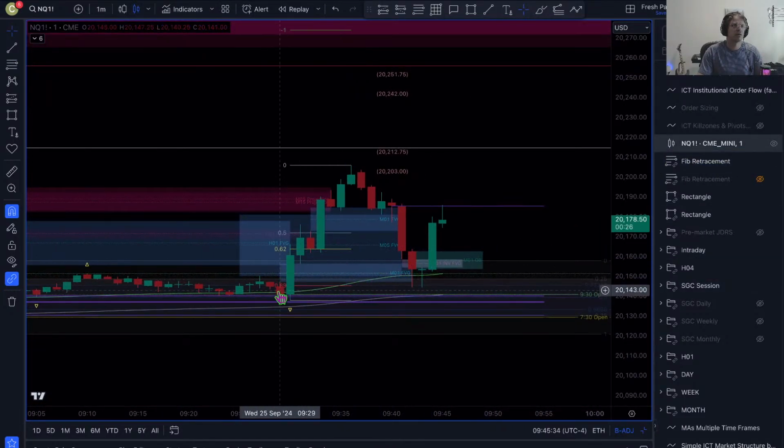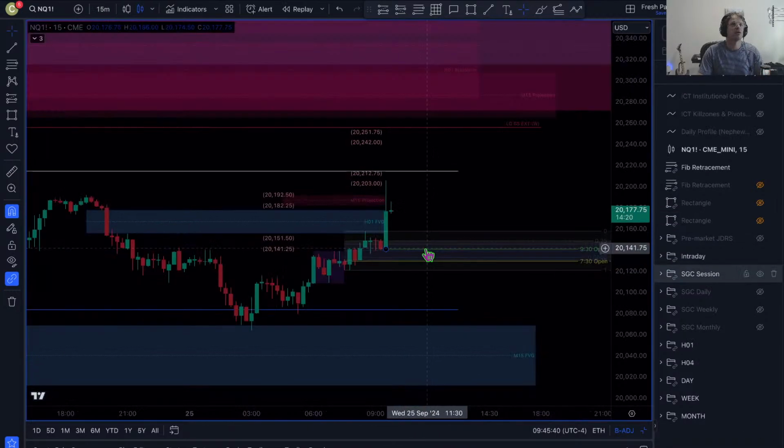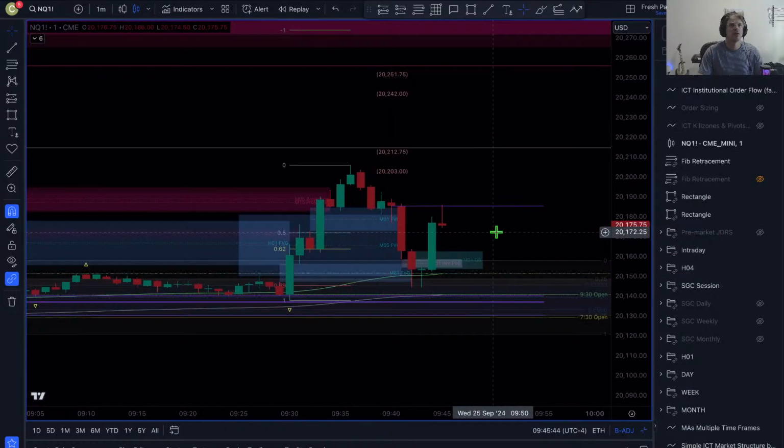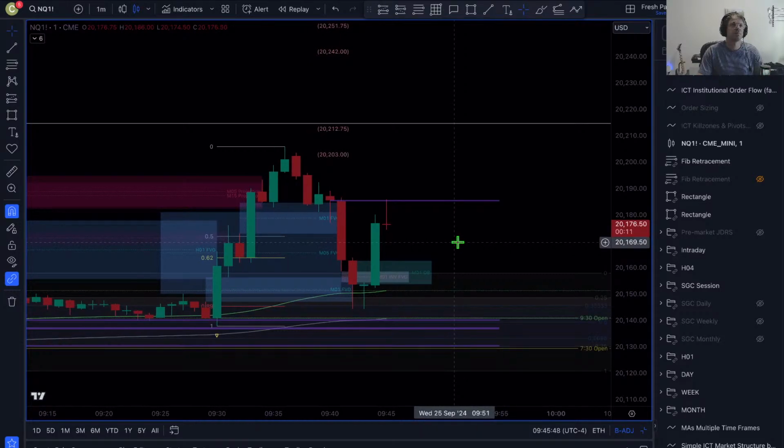Come back down, grab this sort of stuff down here, hold this fair value gap. Notice the M5 didn't close, so it's holding its fair value gap. The M15 is also closed up. So there's back to a reason to believe that we could continue up. This did not close above, but sort of did. So you could almost be taking a trade already.